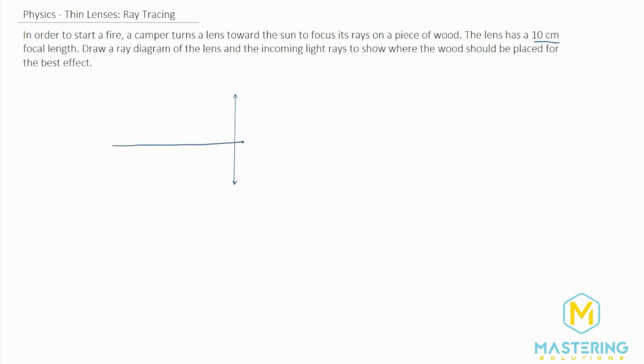And so if we draw a line right through the center, when we're talking about light coming from the sun, the light rays are what we would call collimated. That means that all of the light rays are perfectly parallel to each other. And so we could draw a whole bunch of arrows here to represent all of these light rays because the sun is extremely far away and it is, for all intents and purposes, our closest source to getting a true point source.